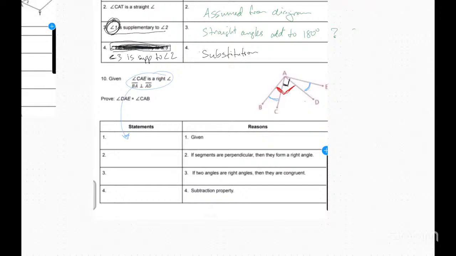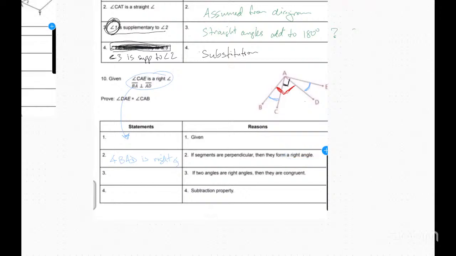So we want to say that something is a right angle. So that's BAD. BAD is a right angle. You get how I'm doing that? Because that's what they said right here, that they form a right angle. So we know that we have to state something as a right angle.